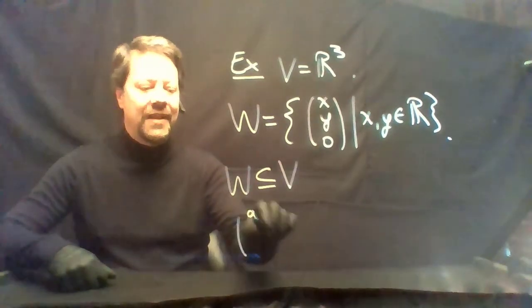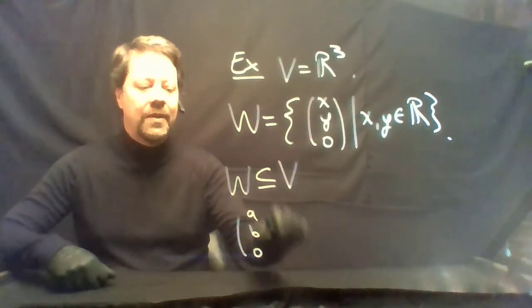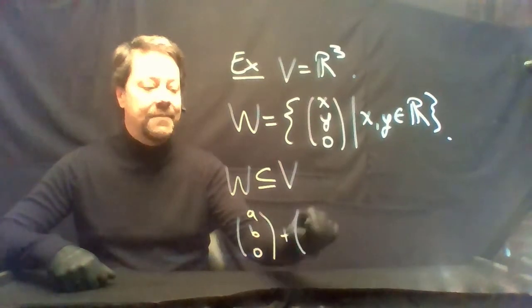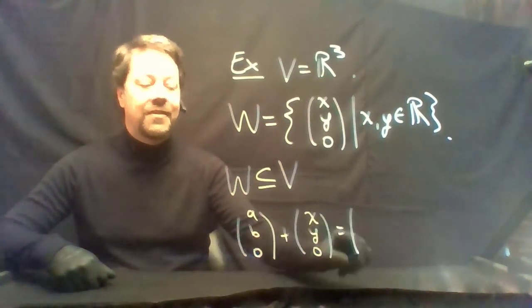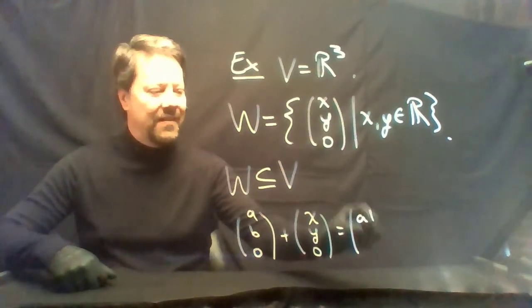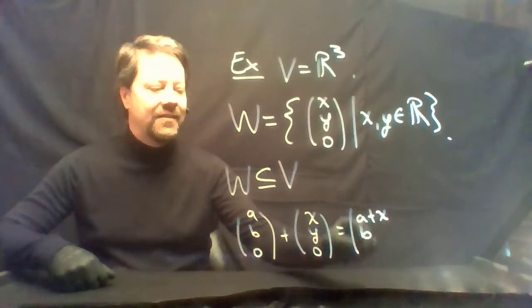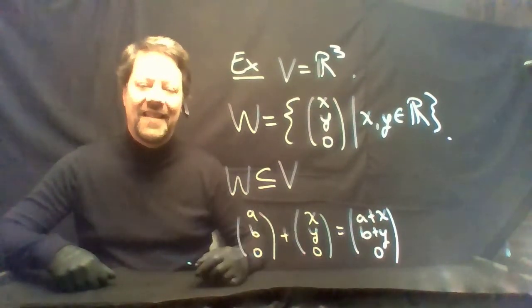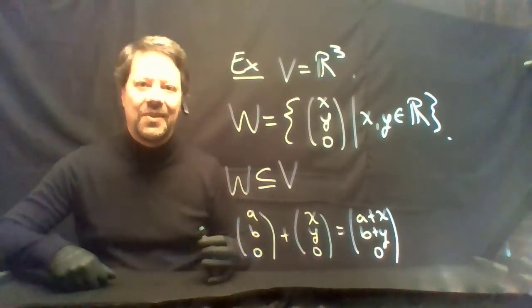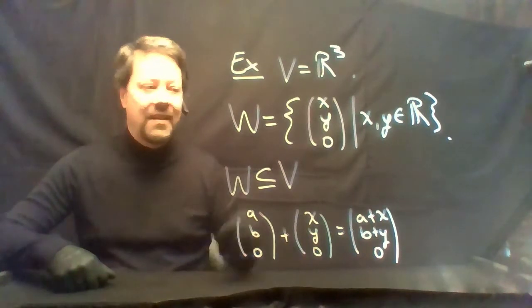If you take two things with third coordinates 0 and add them together, do you get something that has third coordinate 0? And the answer is yes. That means that it is closed under addition.